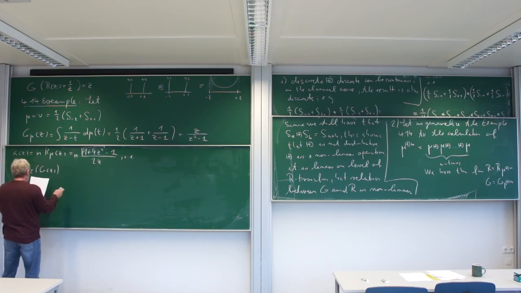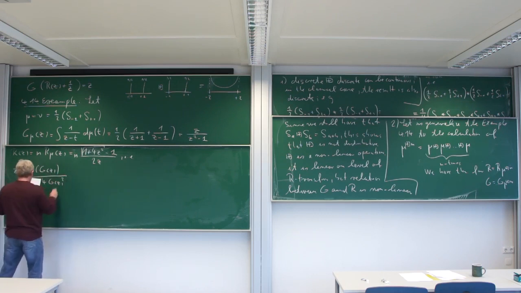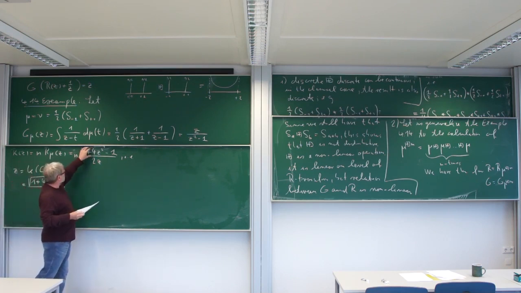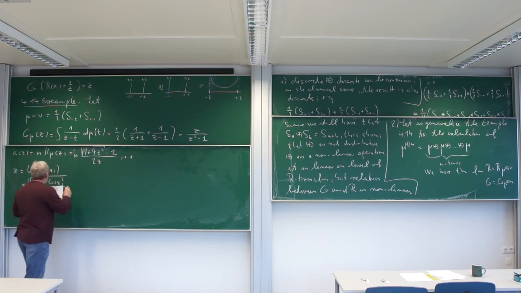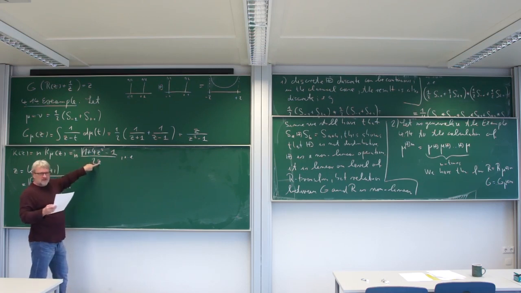Okay, so what I get here is the square root of 1 plus 4 g of z squared, divided by 2 times g of z. That's the square root term, because we have to multiply by n. And then I have minus n divided by 2z, and I'm adding the 1 over z.